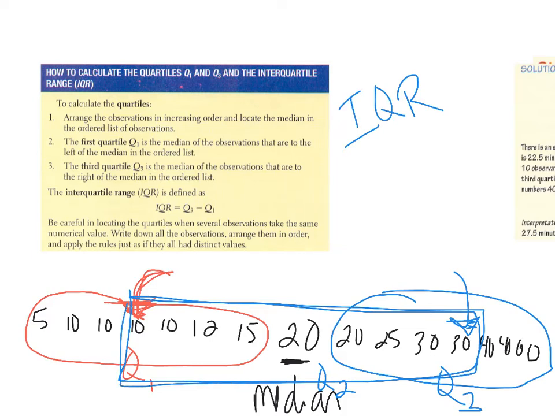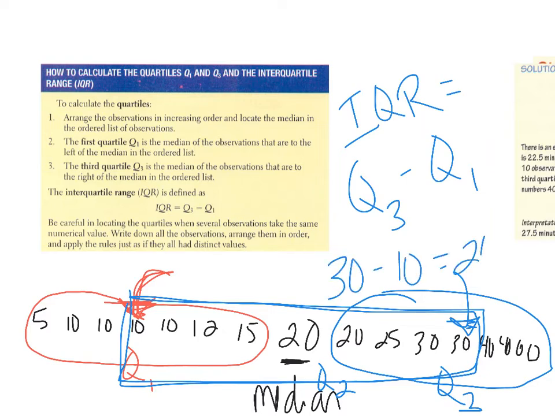That's what you're finding with this IQR. So when you calculate IQR, you are just taking your Q3 minus your Q1, so your third quartile minus the first quartile. In this particular case, it would be 30 minus 10. And so now we get a range of 20 as opposed to a range of 55 if we're looking at the entire data set.